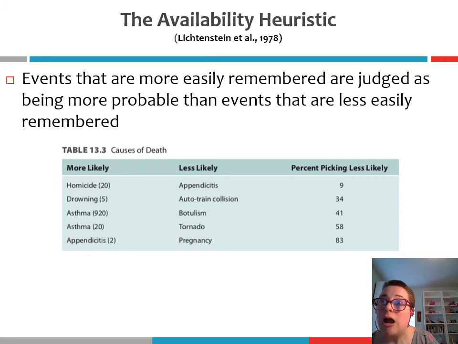And the number on the right is going to indicate the percentage of participants that chose the less likely cause. Okay, so let's look at an example together. On the first pair, you're 20 times more likely to die from homicide than you are to die of an appendicitis.